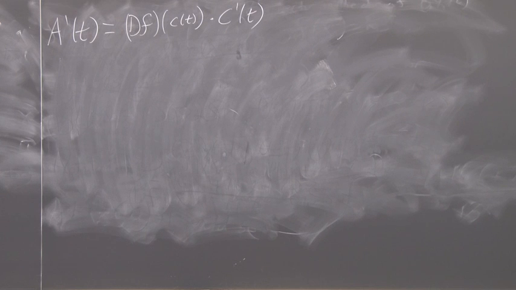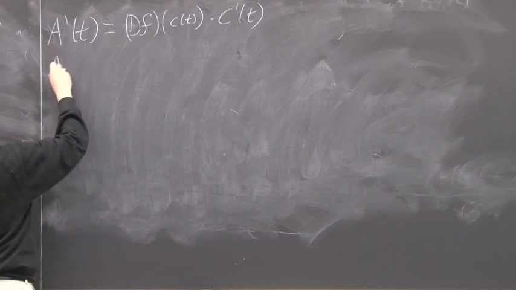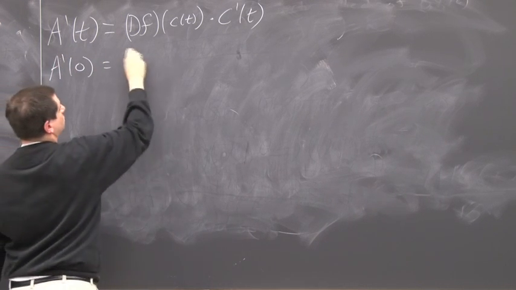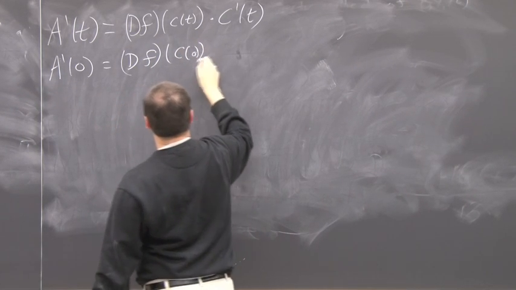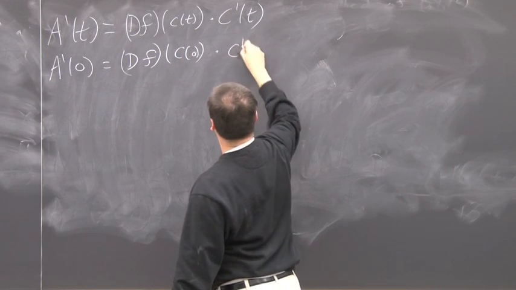I'm trying to find the directional derivative of f at x along v. So which value of t do I want? Yes? 0. I want 0, because if I take t equals 0, I'm at the point x. So what I really care about is a prime of 0, which is the derivative of f at c of 0 times c prime of 0.